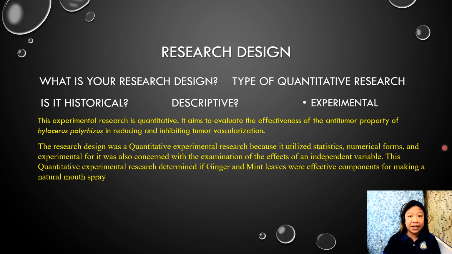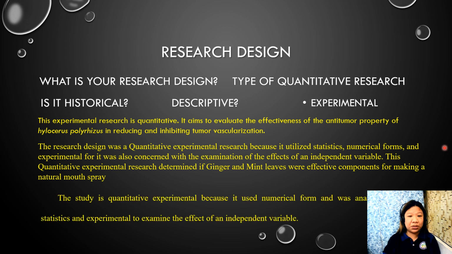Identify if it's quantitative or qualitative. And since STEM students are required to write quantitative experimental, there is no question about the research design to be used. Another example, we have here, the study is quantitative experimental because, okay, you need to formulate your own. You need to write your own research design.